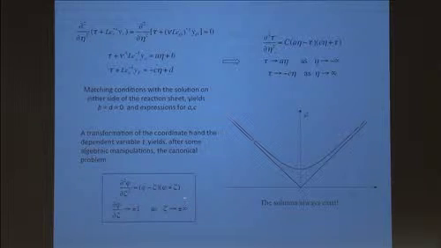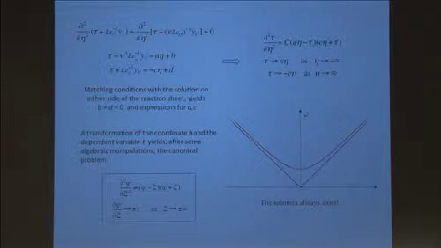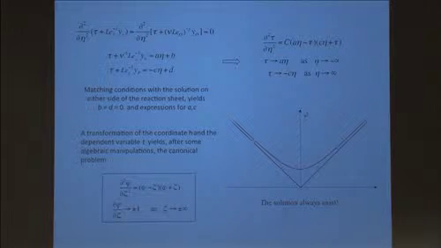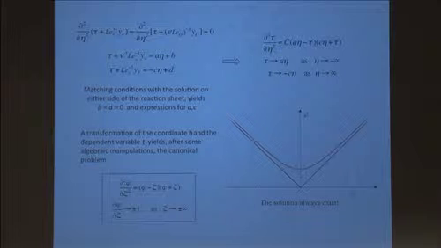So this problem cannot be solved analytically, but you can integrate it numerically. Since it does not have any parameter, you only need to integrate once and for all. And in fact, you can show by numerical integration that the solution always exists, and the solution is such that it connects smoothly those two slopes. If this is the temperature profile, then it connects this slope with that slope.